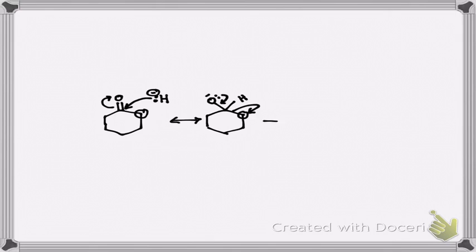It will look like that. Okay? And then for lithium aluminum hydride, that's actually the really tricky one. What happens with lithium aluminum hydride is that this will get reduced. This will get reduced as well.